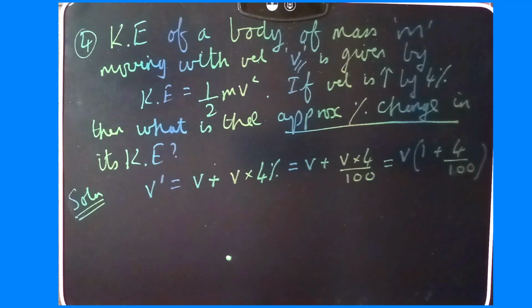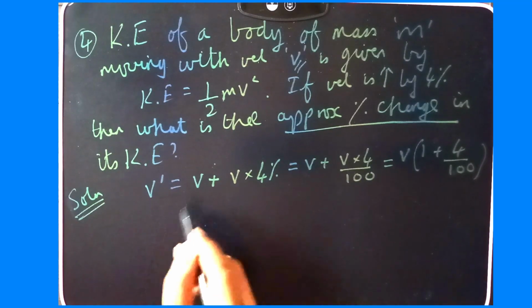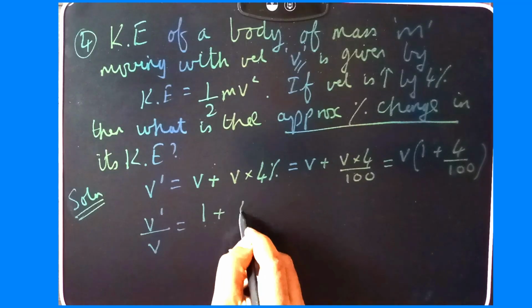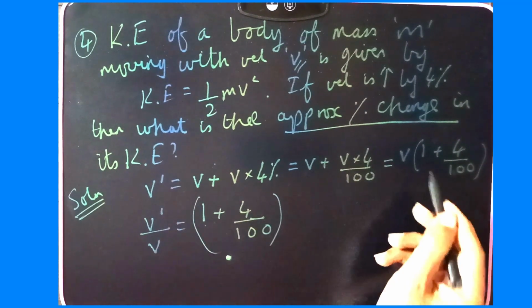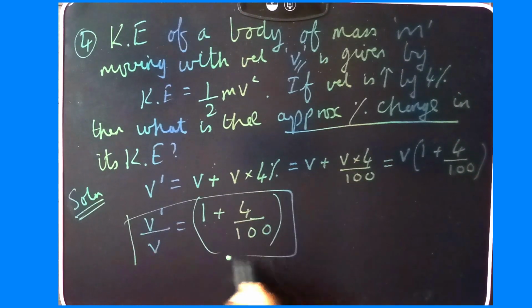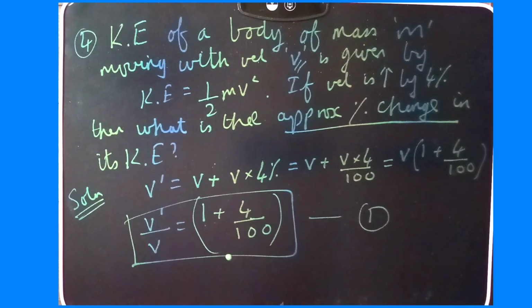So let's try to do this. This is what we got as v dash. So we can write v dash divided by v is equal to 1 plus 4 by 100. This is equation 1. We have to remember this.